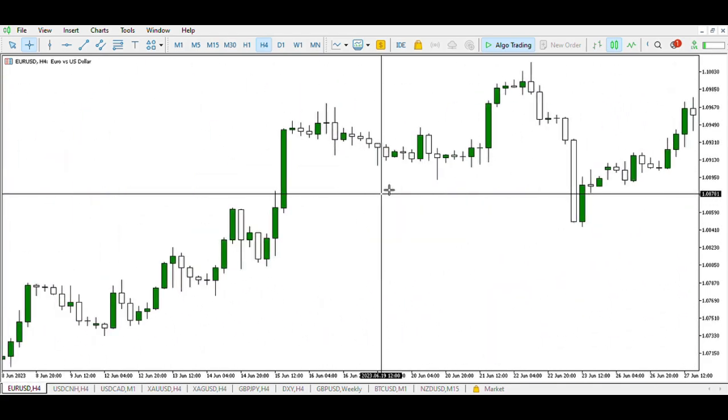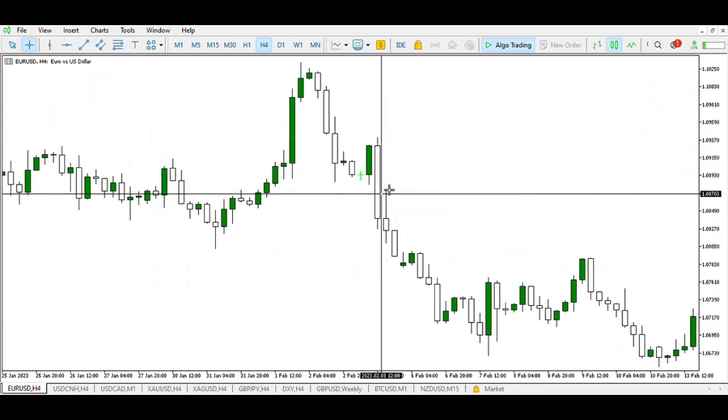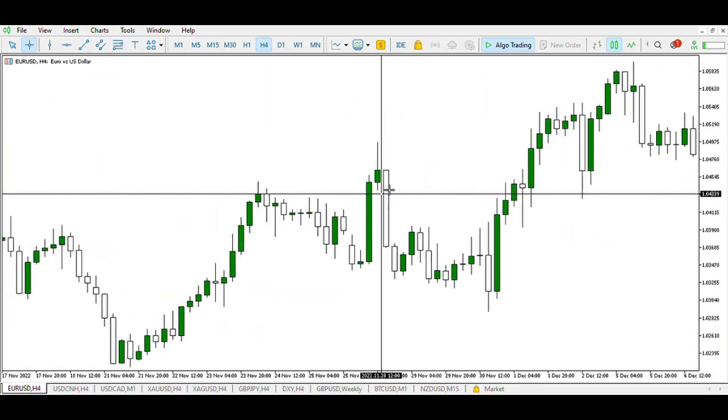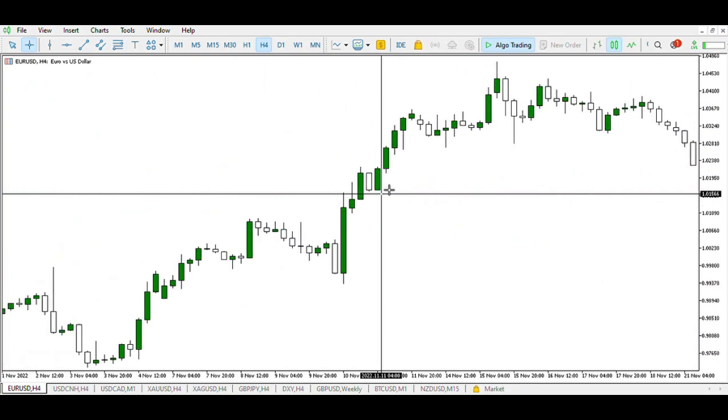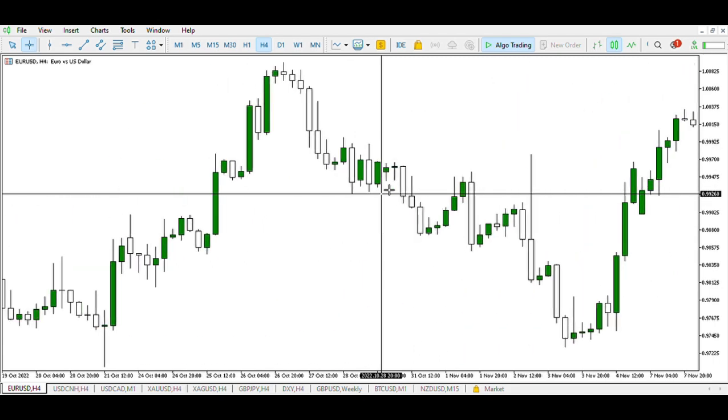Whenever you see an engulfing candle that forms as the first candle of the day, you need to know that it is a false support or resistance.